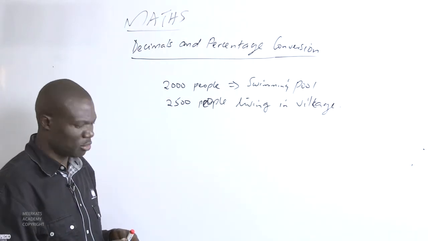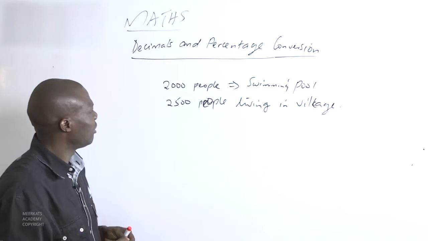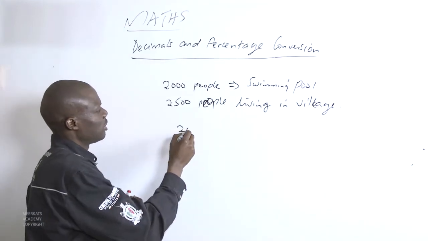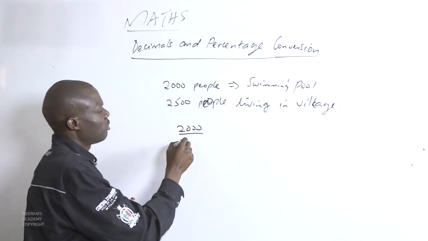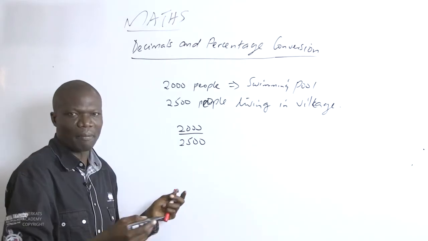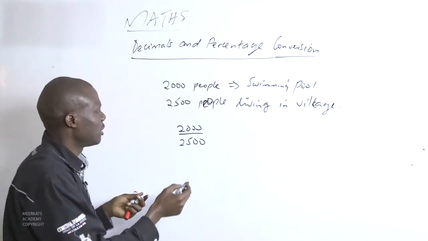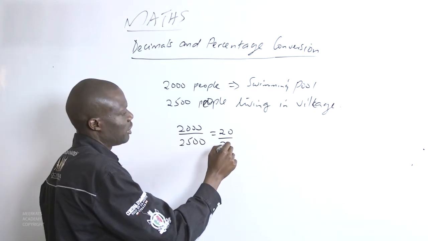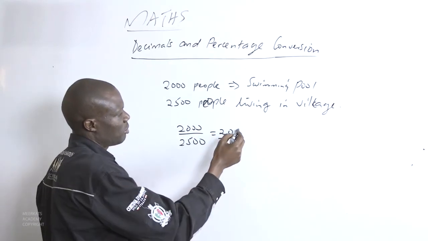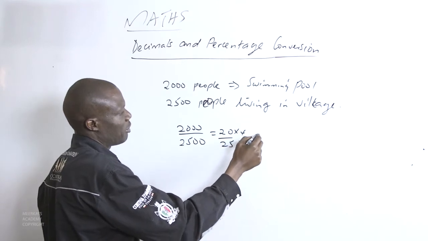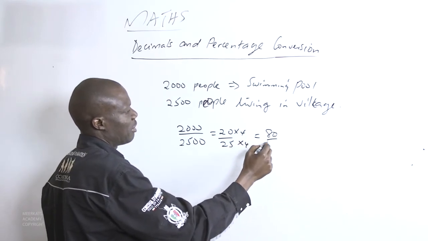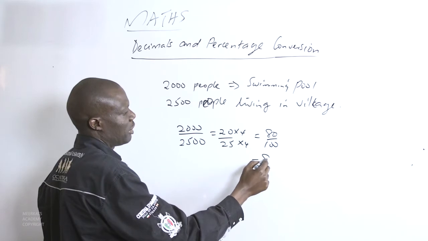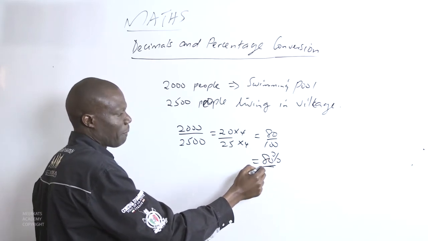This can be simplified and is equivalent to 20 over 25. Multiplying by 4, it is 80 over 100, which is equivalent to 80%.